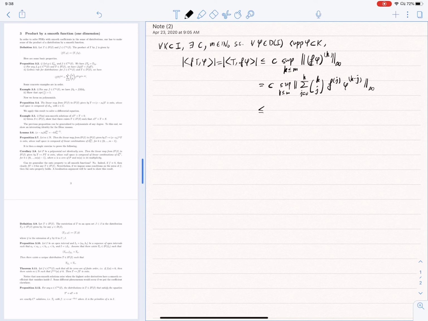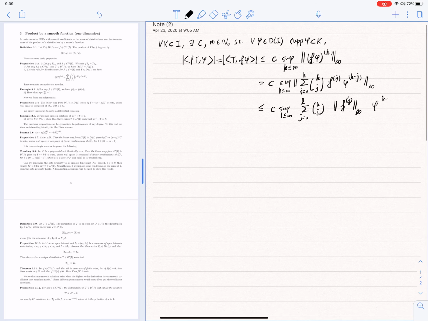So we have C, supremum over k, the sum over j from 0 to k of k choose j, then the triangle inequality, and further we can do this. Now we can change the name of the constant.